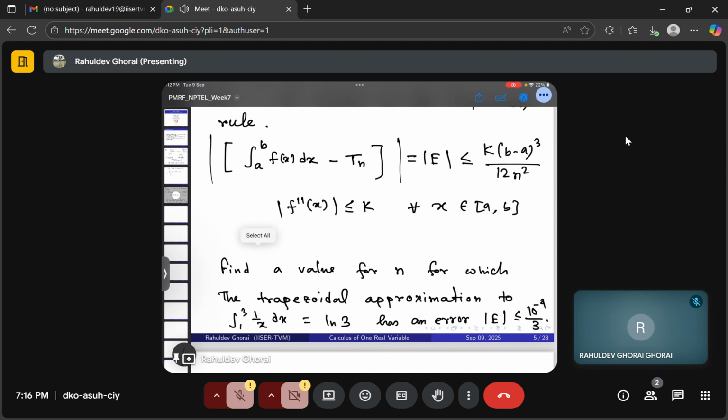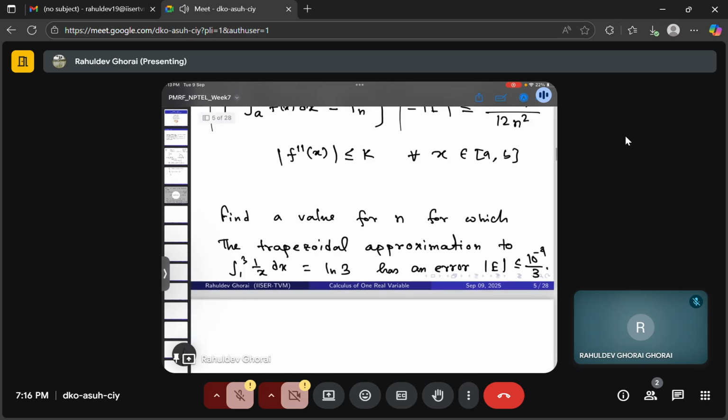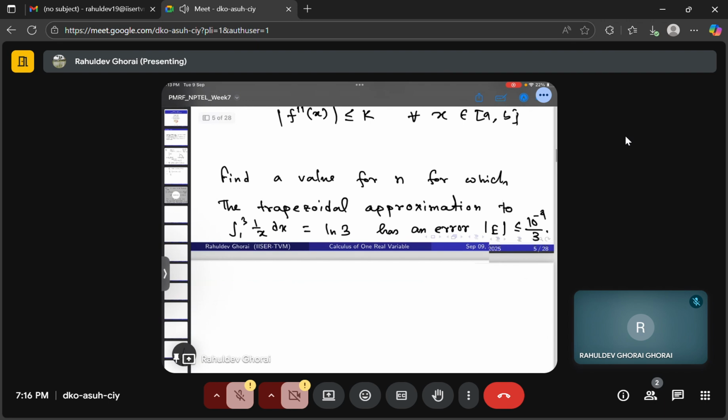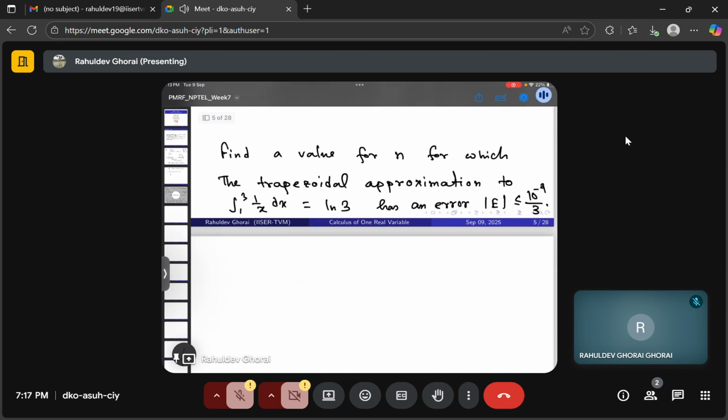We know that with more intervals, whether the trapezoidal rule or the Simpson rule, the approximation will be much more precise, much more errorless. So for whatever the value of n, the error will be 10 to the power minus 4. This is the question asked.